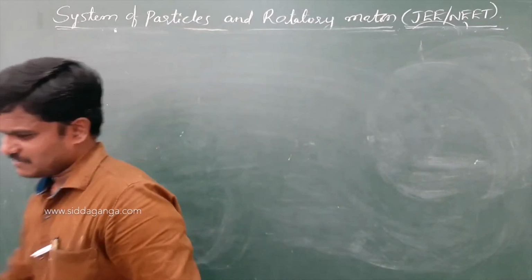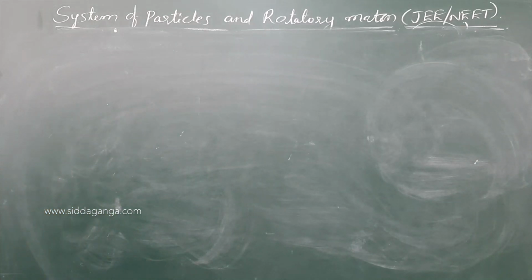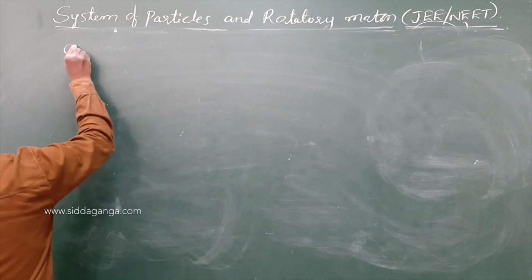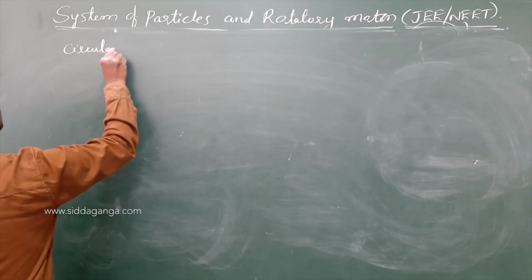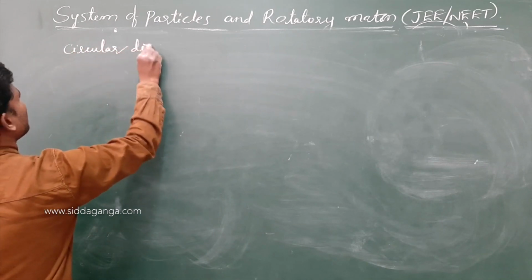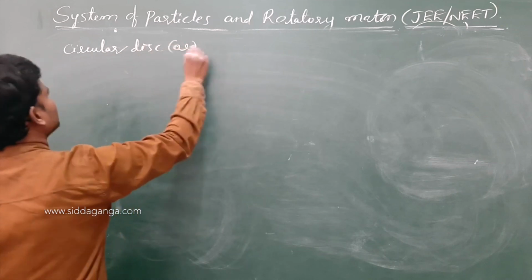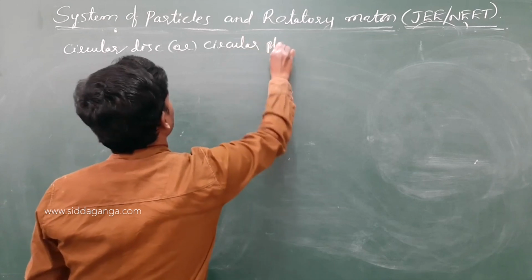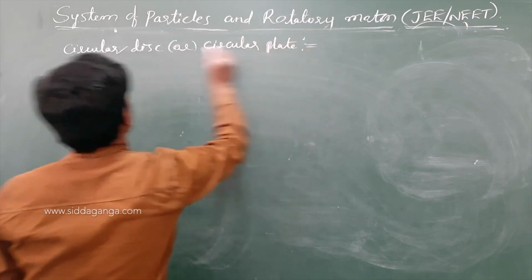Now the target is the moment of inertia of a circular plate, circular disc, otherwise circular plate, whose radius is r.